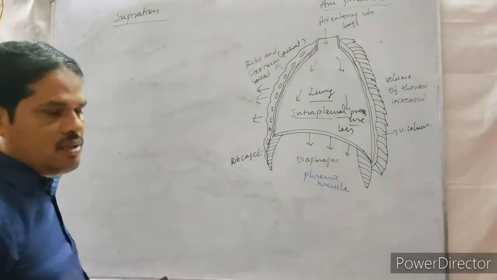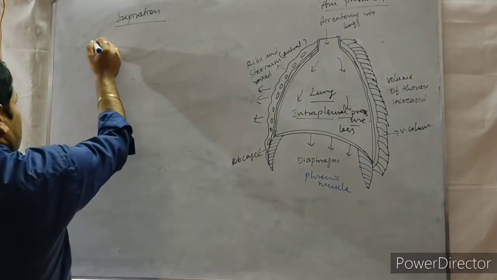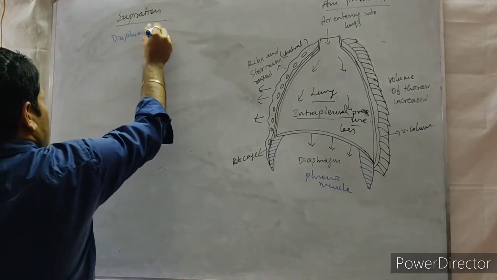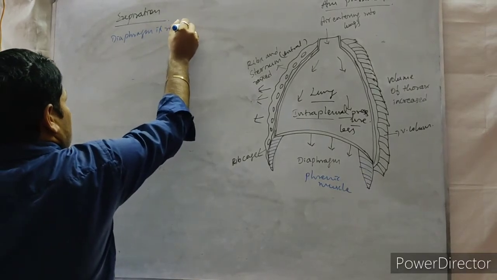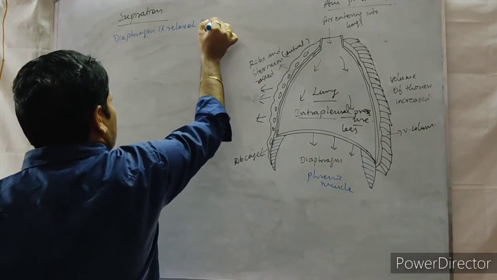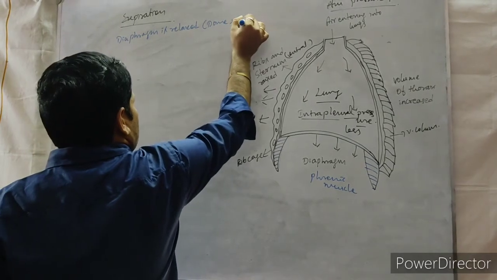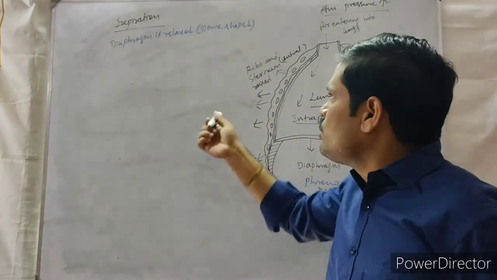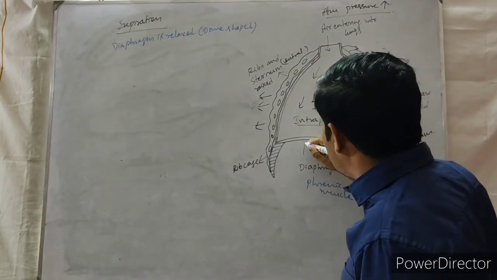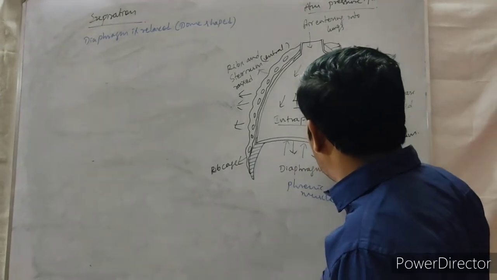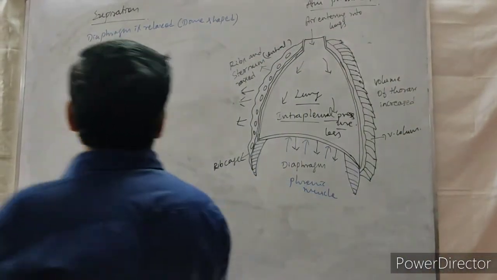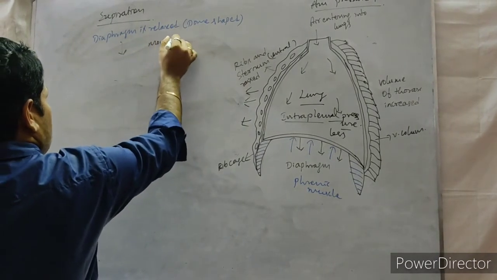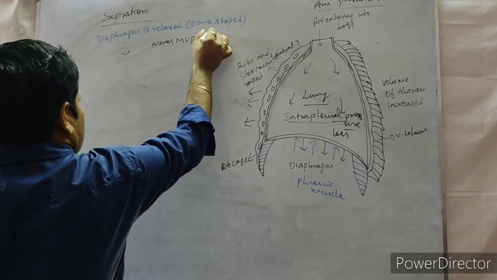Here, it is done quite oppositely. The diaphragm is relaxed, so that it becomes dome shaped. In inspiration, it is a flattened shape. Now it is a dome shape. That's why it moves in an upward direction.